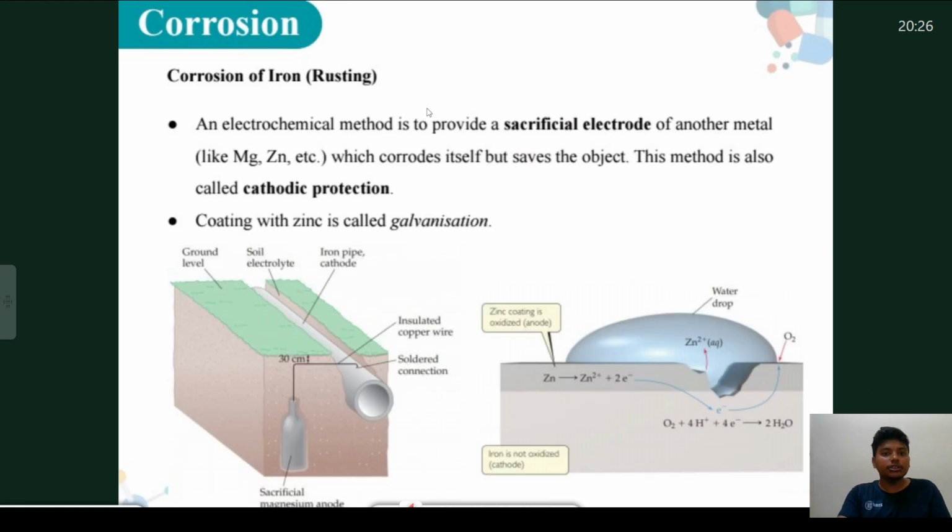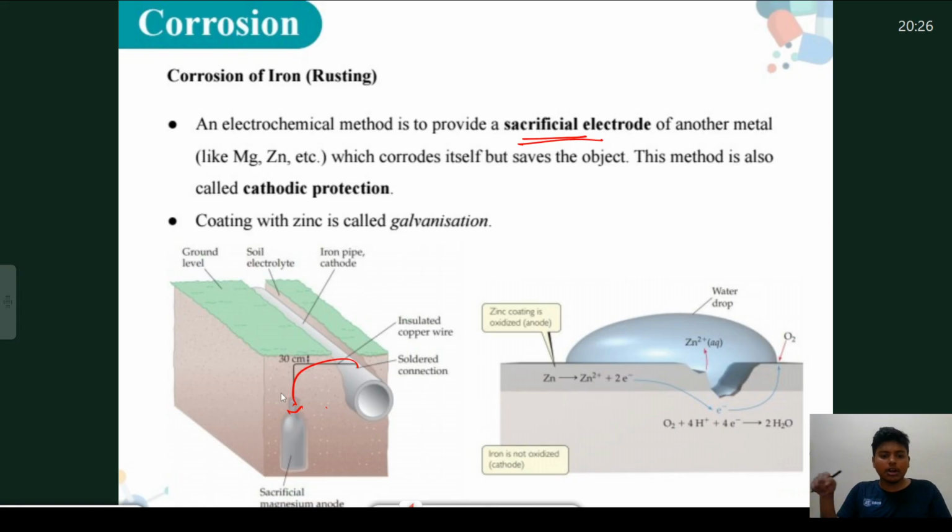Next, you can prevent it by a sacrificial electrode. Another electrode you add will connect to the iron, and being more reactive, it will take all the corrosion, so the iron will not corrode. What happens when an iron rod goes through the ground?